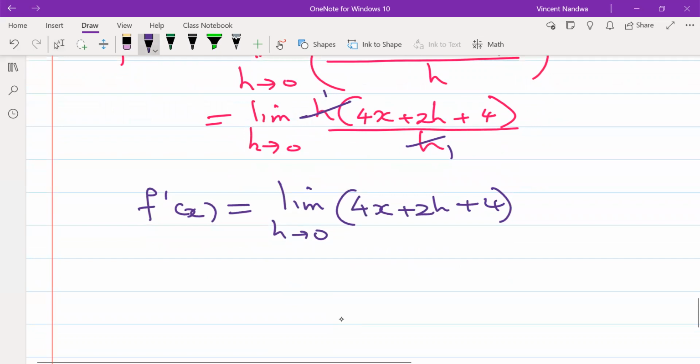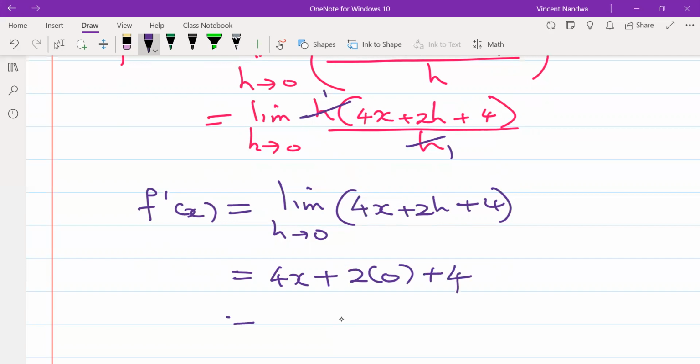Yeah, so remember, when you are evaluating this limit, the variable is h. Anything that is not h is treated as a constant. For x, and then plus 4. So finally, correct. So that's what we have.